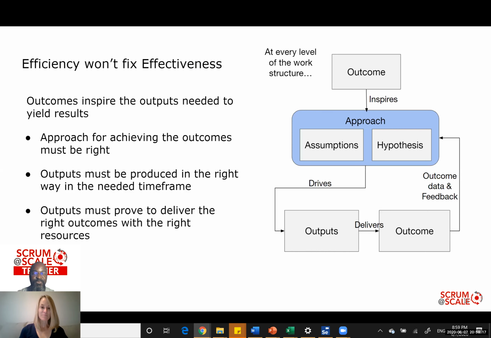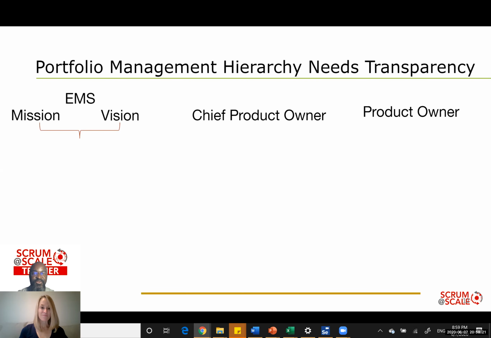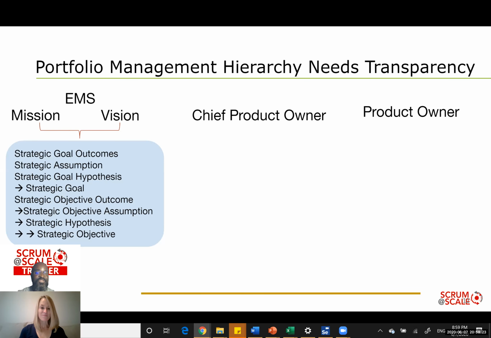Absolutely. So one thing we want to walk away with from this is that when you actually create your hierarchy, you want to expand it out, where I'm listing out here are the outcomes, here are the assumptions that are tied to those outcomes, here's the hypothesis I have that I'm testing out, and then here are the outputs that should be driven out based on that to actually achieve the outcomes.